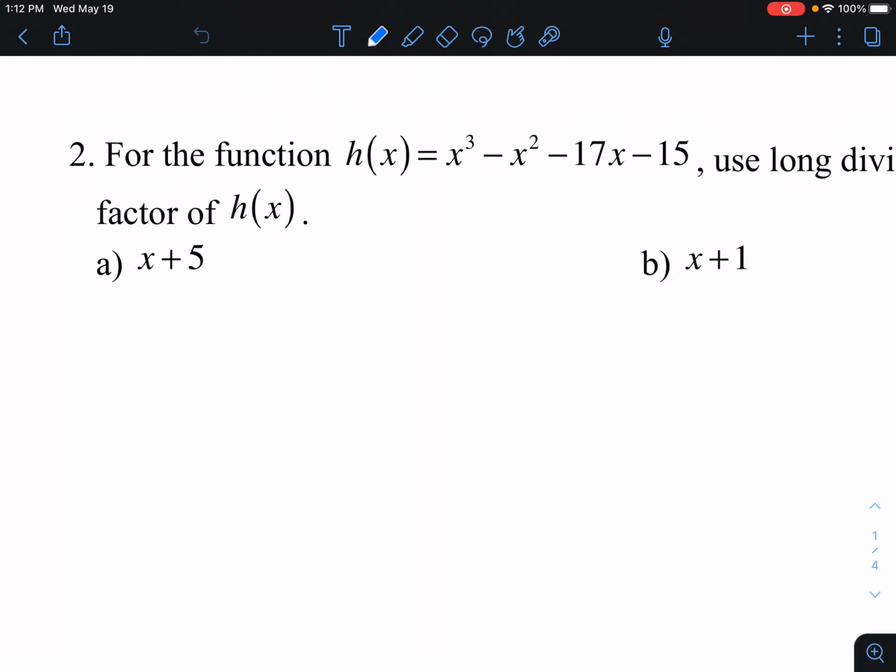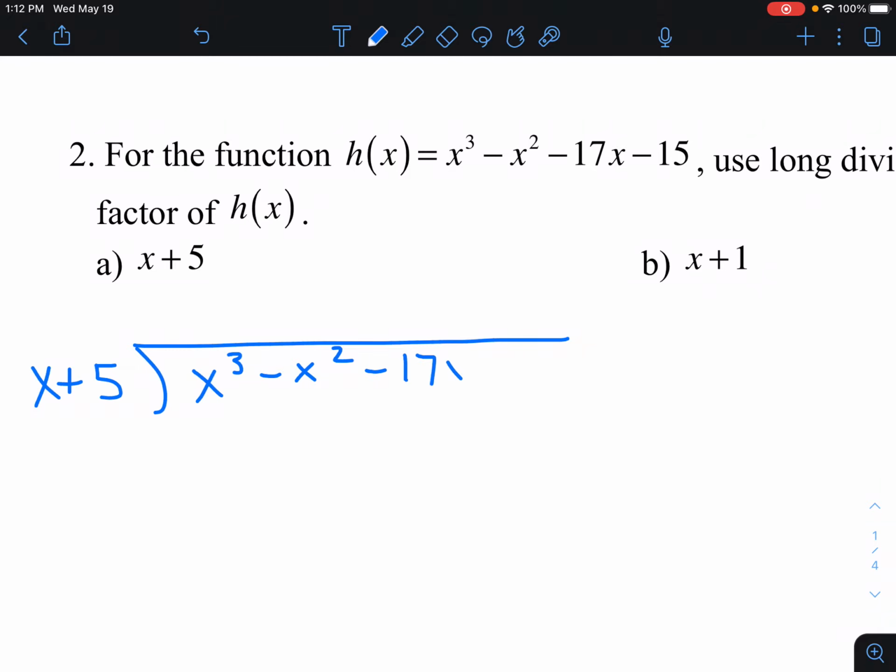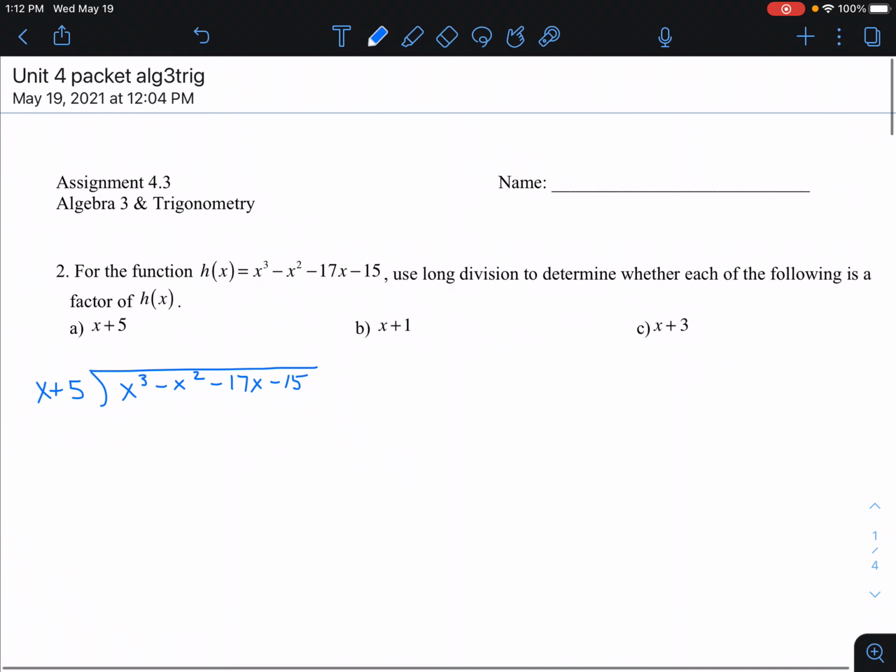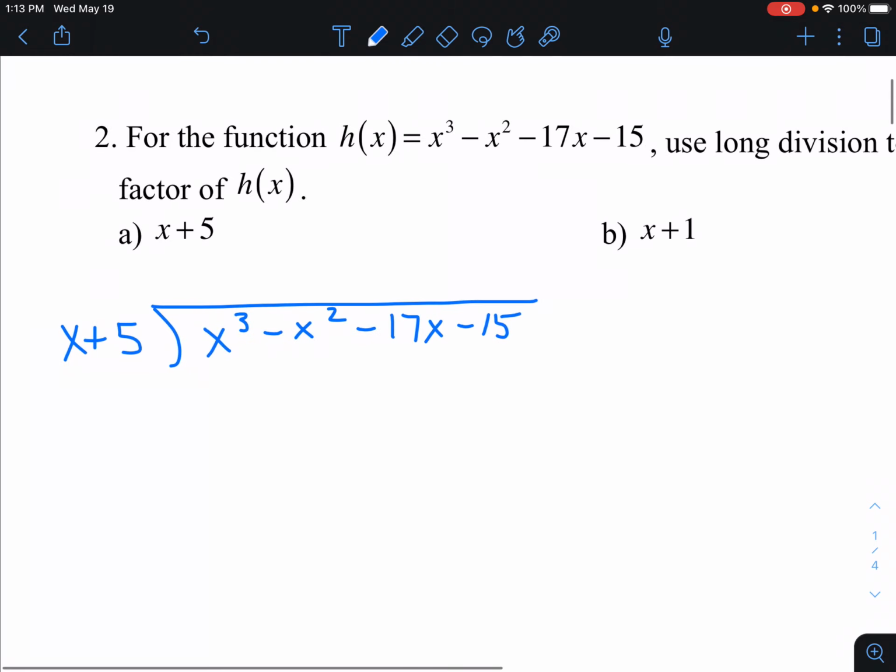So what we want to do is set up old school long division. We're going to see if x plus 5 goes into h of x. Now, it did ask a question. It said, use long division to determine whether each of the following is a factor. Now, remember, a factor, for example, like the number 35.